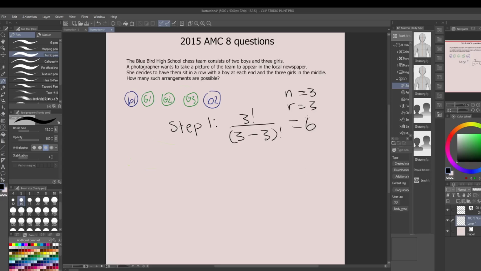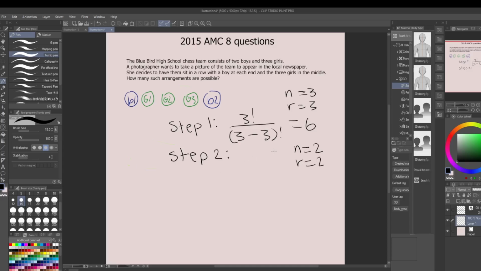Now that we have the answer for the girls, we can move on to the boys. For step 2, since we have 2 boys, n is 2, and since we're arranging 2, r is also 2.